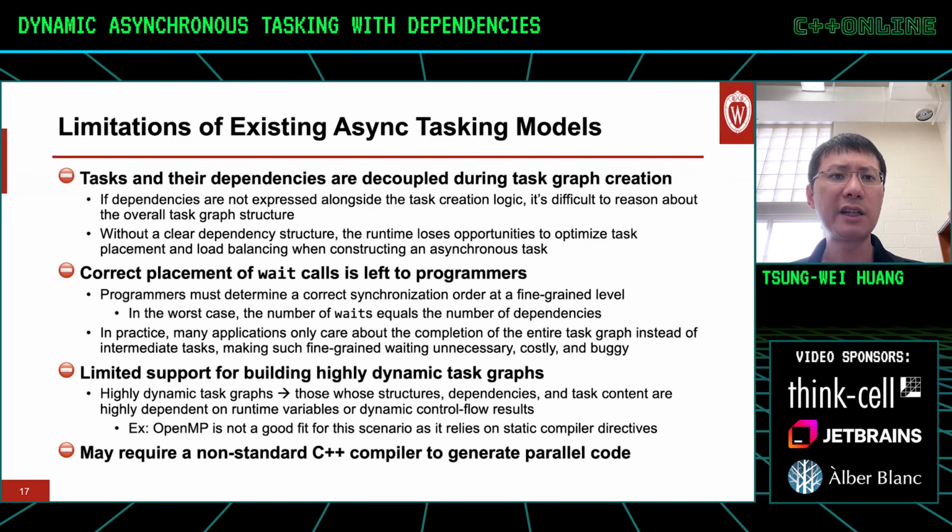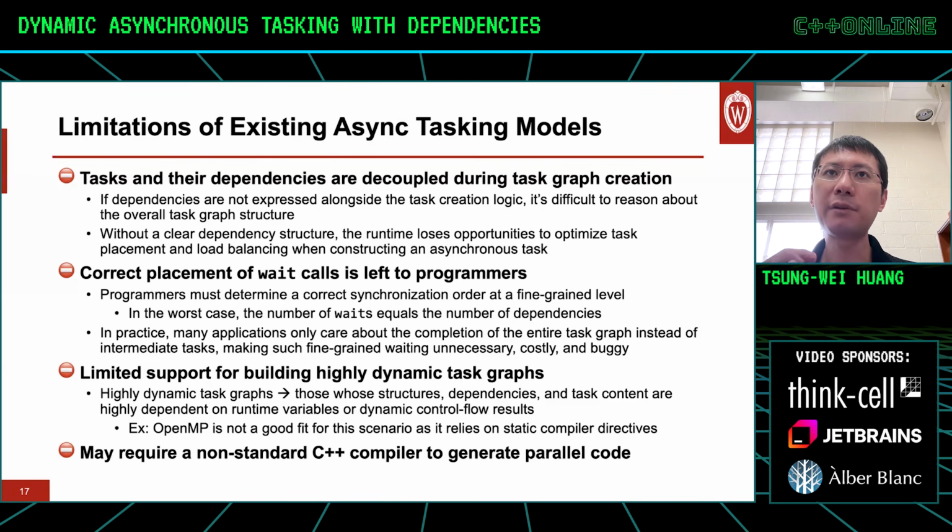And the problem is, if dependencies are not expressed alongside the task creation logic, it becomes very difficult for programmers to reason about the overall task graph structure. More importantly, without a clear dependency structure, the runtime may not have that many opportunities to optimize task placement and load balancing when constructing the asynchronous task.